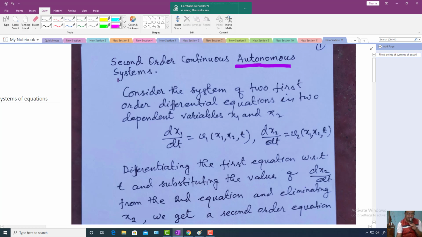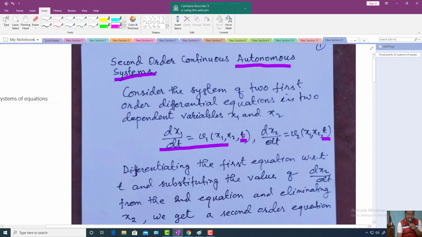We'll concentrate on autonomous systems, but generally let us talk about a general second order continuous system, where the independent variable t is involved. This is a system of two first order differential equations; x1 and x2 are dependent variables and t is the independent variable.